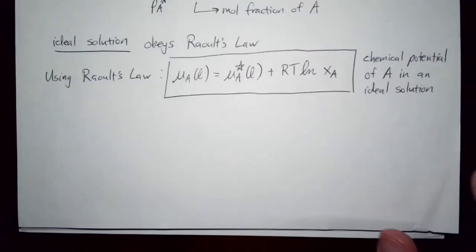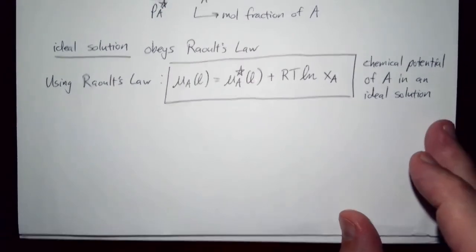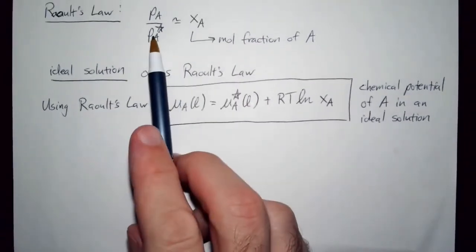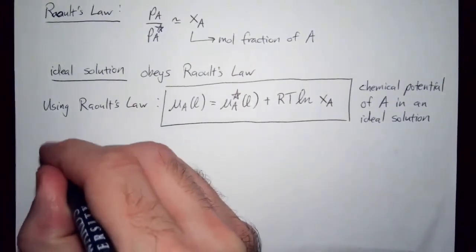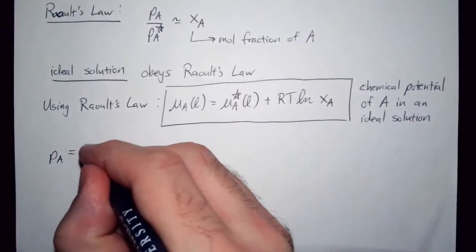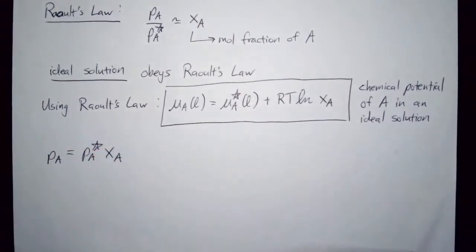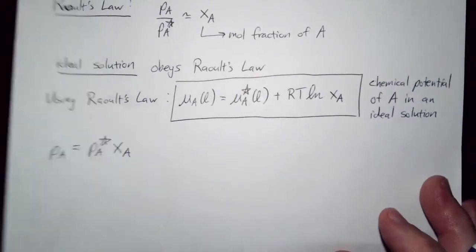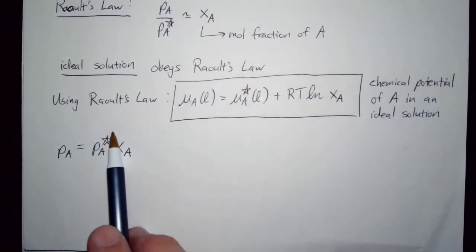All right, what does it mean for Raoult's law to be obeyed? If we look at this equation for Raoult's law, and I rewrite it as P A is equal to P A star times XA, this P A star is a constant.